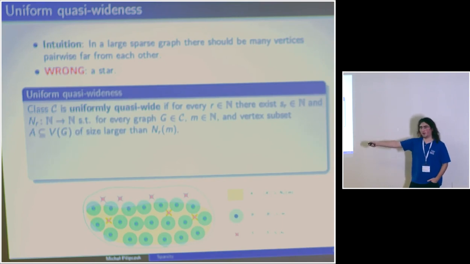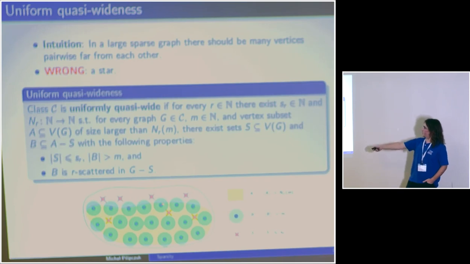Whenever I take a super large graph from my class and a large subset A of vertices, at least N_r of m, where m is the size I'm aiming at, then I will be able to find some small subset of vertices S, of size at most s_r, such that in the remainder of A, I will be able to find at least m vertices that are r-scattered.